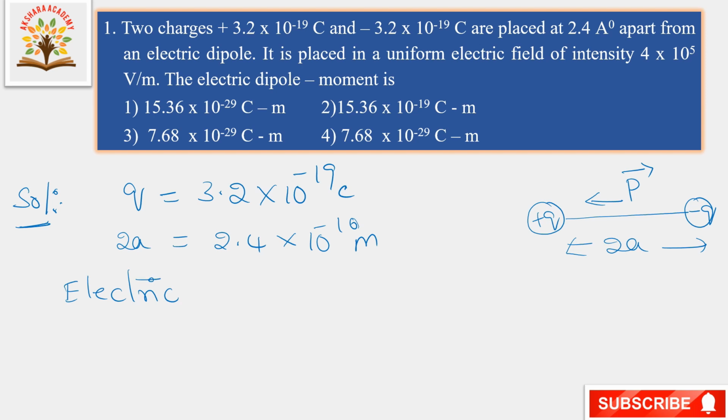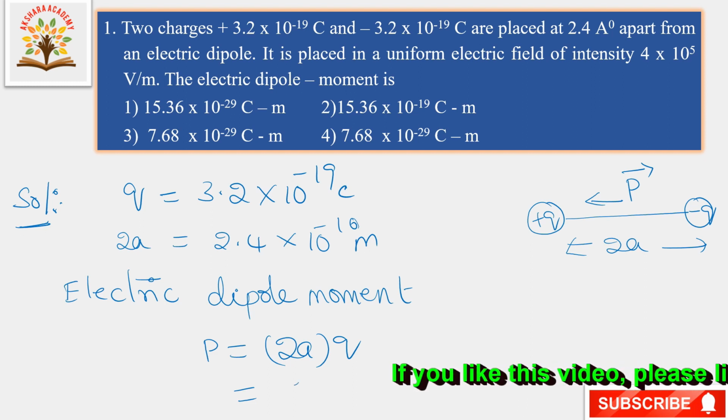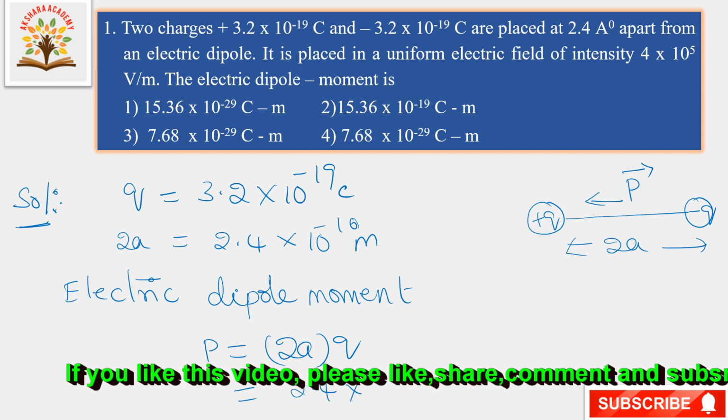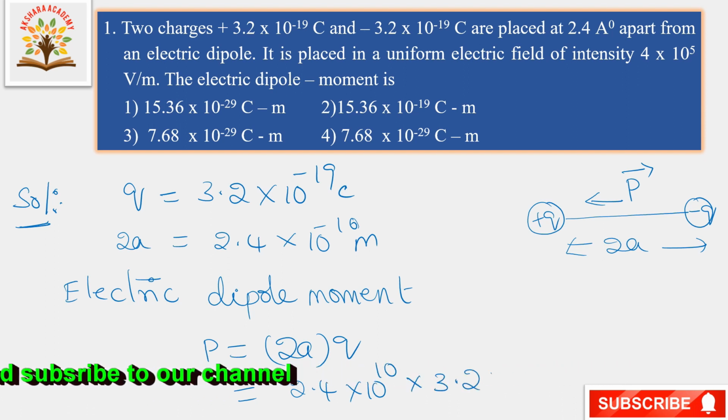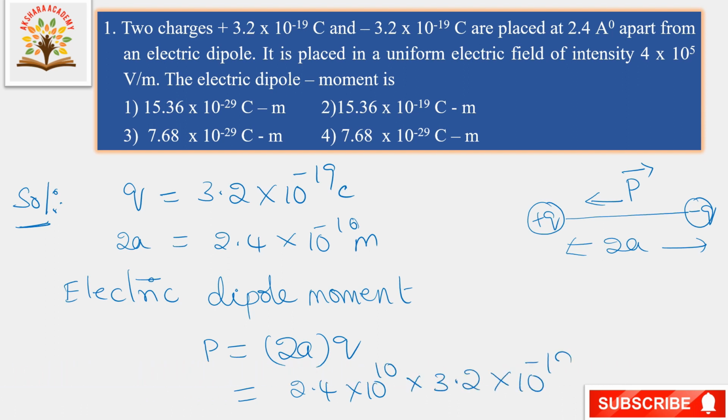Electric dipole moment p is equal to 2a into Q. So now substituting values, 2a, nothing but the distance they have given, as 2.4 into 10 to the power of minus 10, into Q, 3.2 into 10 to the power of minus 19 coulombs.